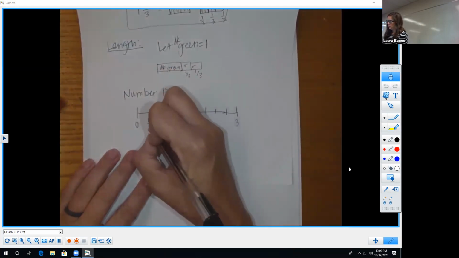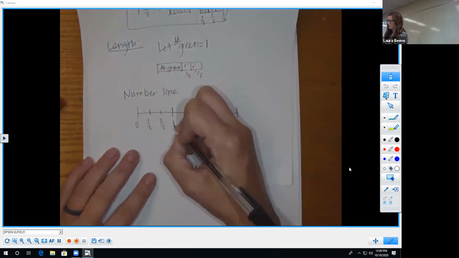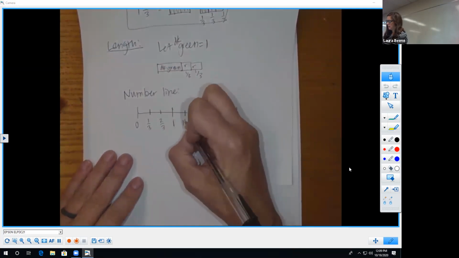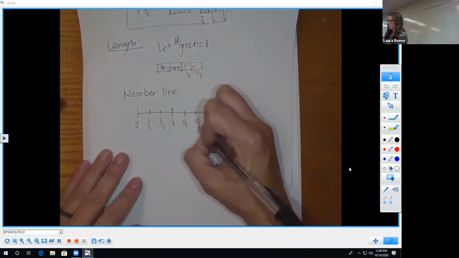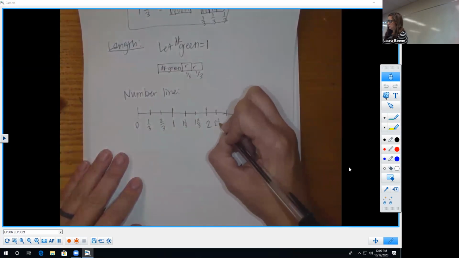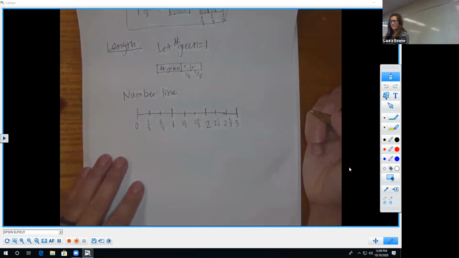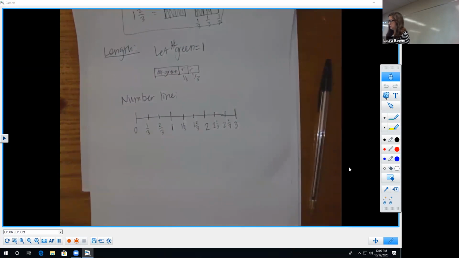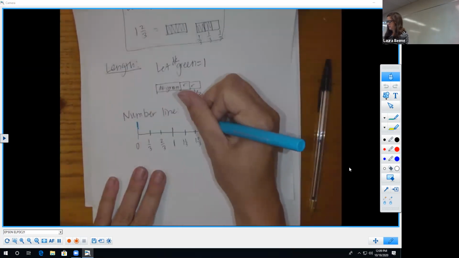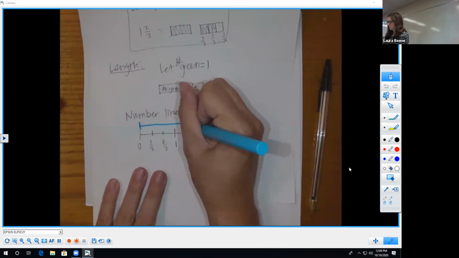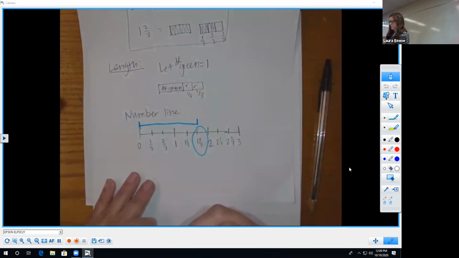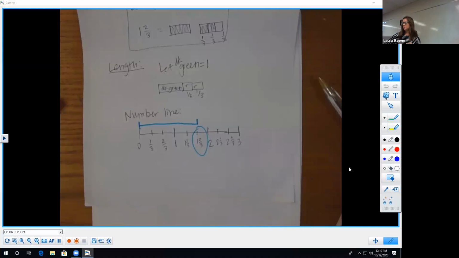So this would be 1/3, this would be 2/3, that would be 1 whole. This would be 1 and 1/3, 1 and 2/3, 2 wholes, 2 and 1/3, 2 and 2/3, 3 wholes. So 1 and 2/3 would be the length of 1 plus 2/3 more. Okay, so that's how to show the area model and the line model.